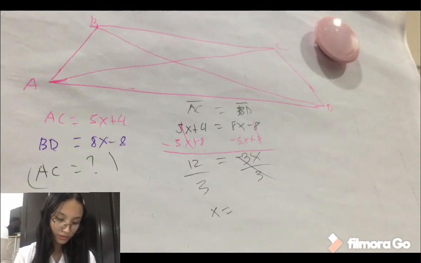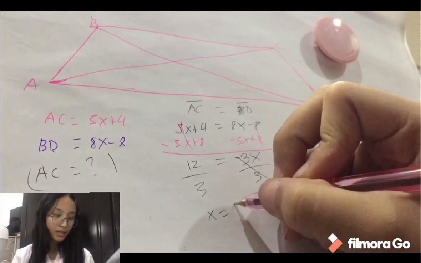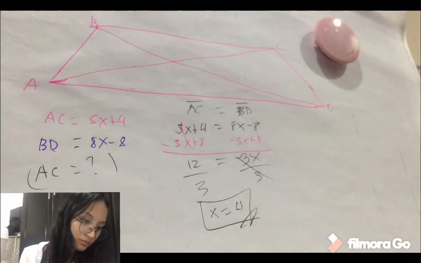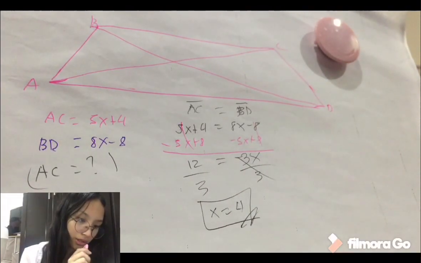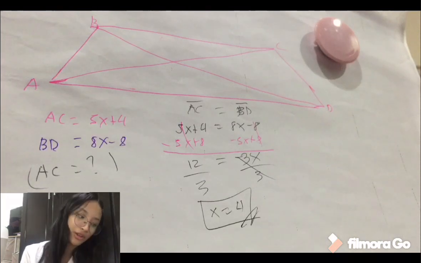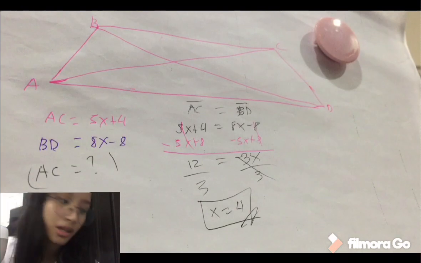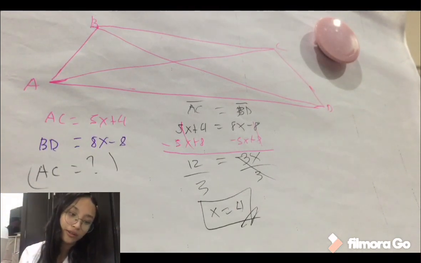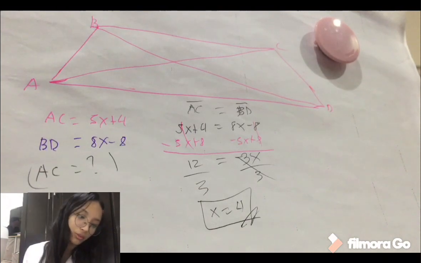We're not finished yet. We need to calculate the measure of AC. AC is 5x plus 4, and let's substitute x with 4. 5 times 4 is equal to 20.